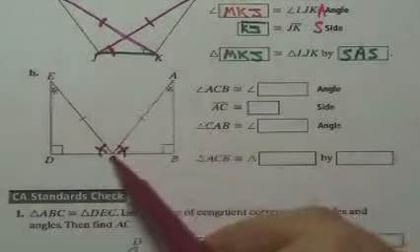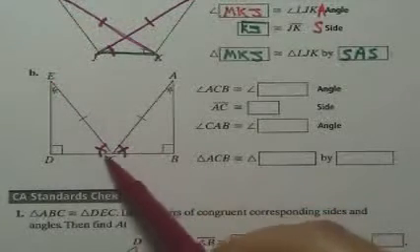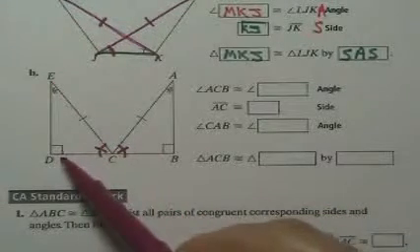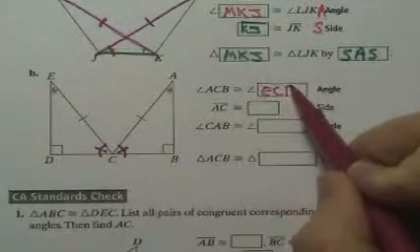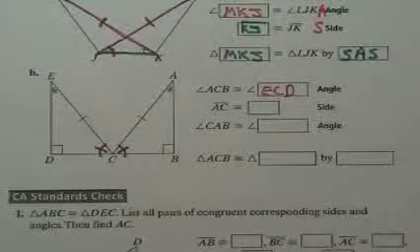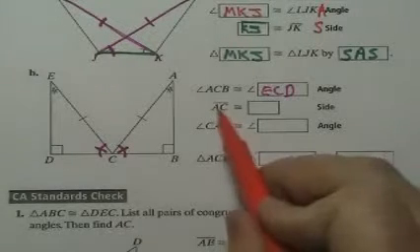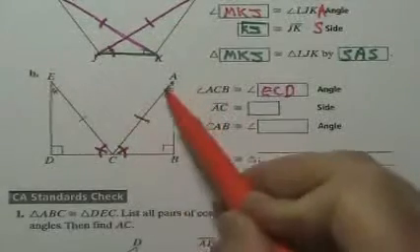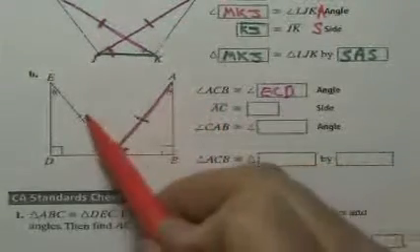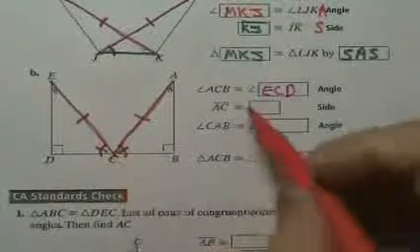Let's see, A, C, B is the same as E, C, D. Next, we have AC. What's that congruent to? So we're looking at this one. AC, that's this side right there. That's congruent to this side over here, which is AC, and it matches up with EC.